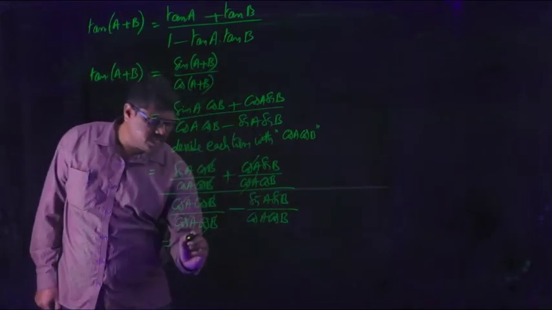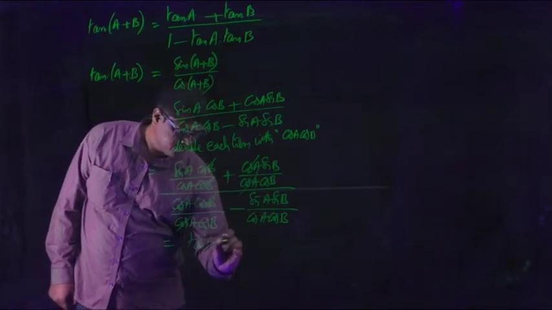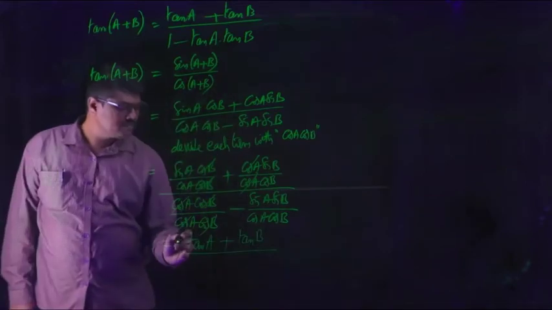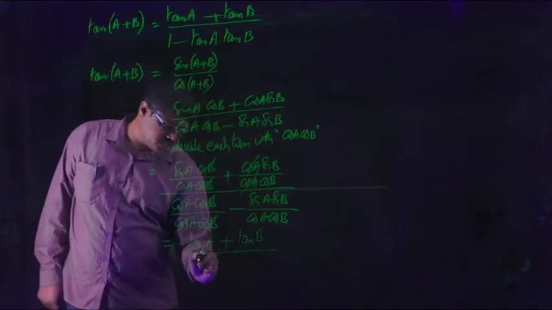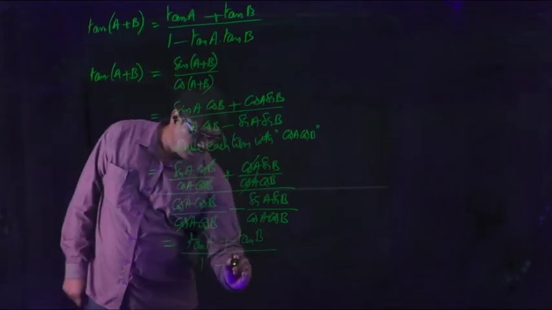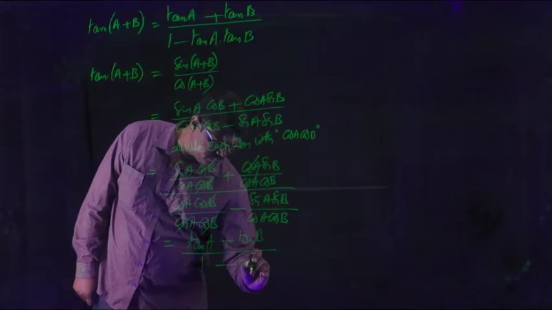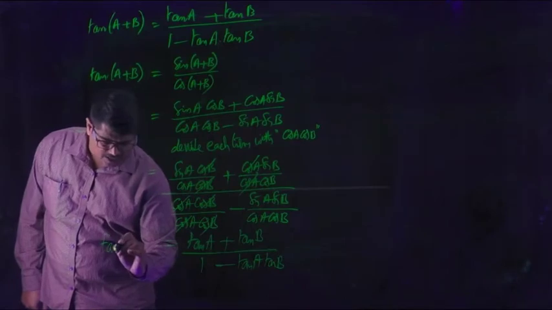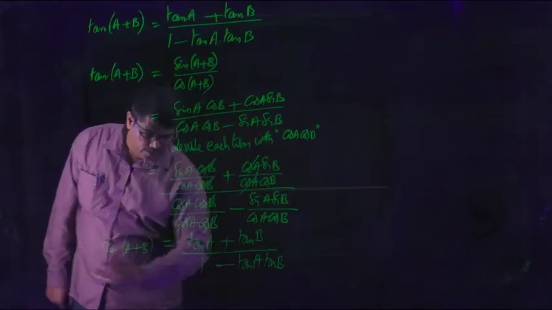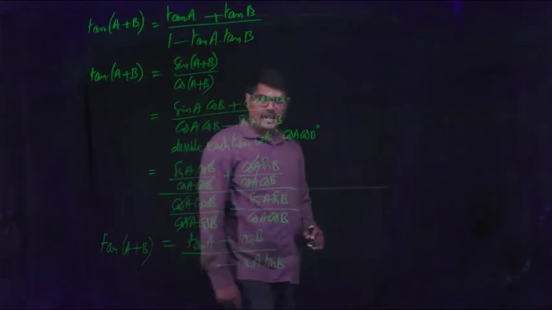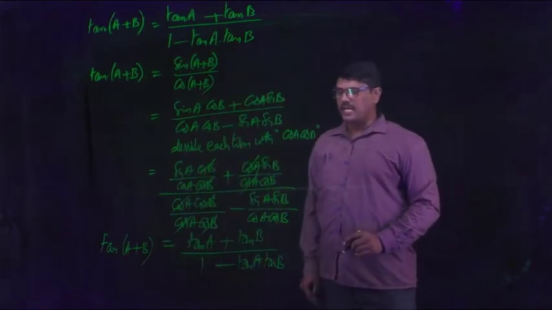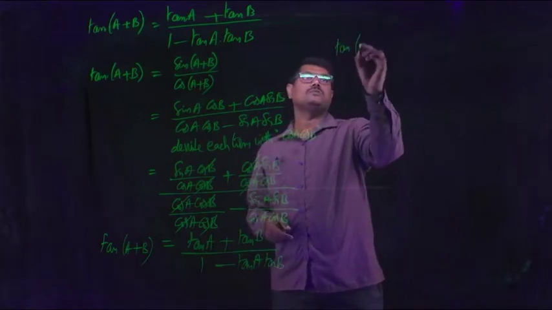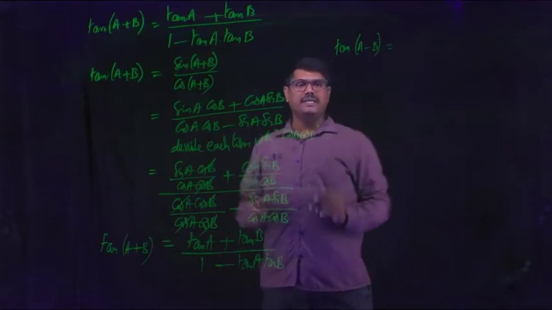Sin A by cos A, which is tan A, plus sin B by cos B, which is tan B, by cos A gets cancelled, cos B gets cancelled, so you have 1 here, minus sin A by cos A is tan A, sin B by cos B is tan B. So we get the formula tan of A plus B, which is tan A plus tan B by 1 minus tan A tan B. You can try how we will obtain tan A minus B also, in the same manner.